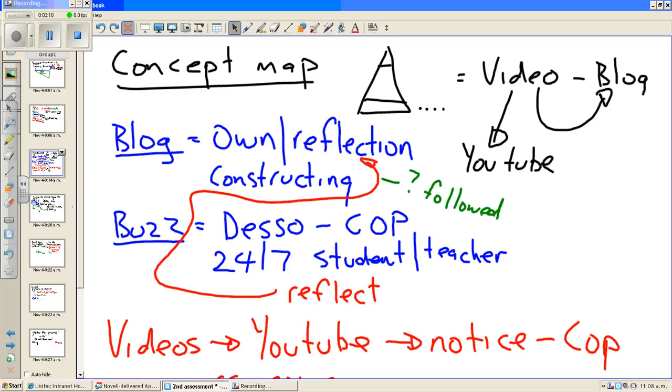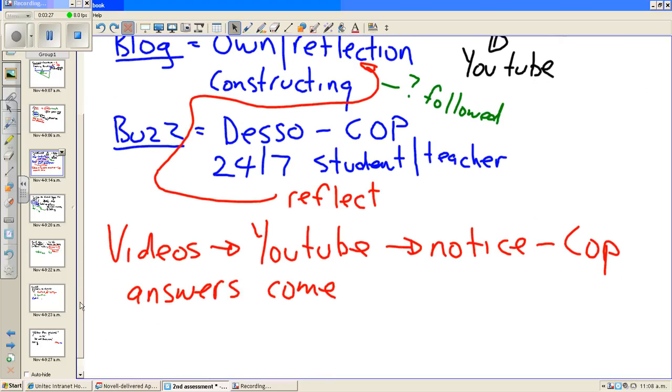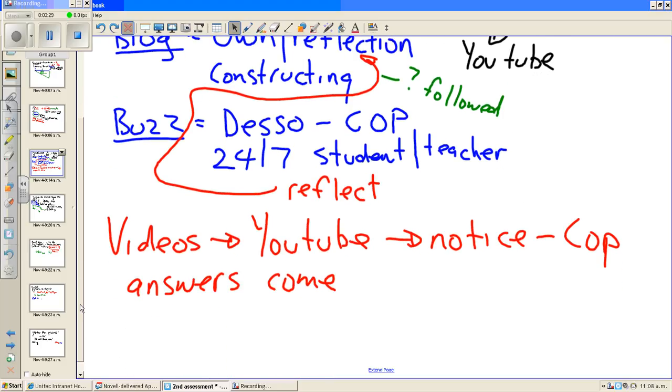So how can Dezo see when you're doing different things on your blog? Well, in blogging you can do a follow. So in following we can make sure that he can see what I'm reflecting and I can actually see what he's doing. We're looking here at videos, YouTube, and in YouTube you can get a notice that you've posted some stuff. So this helps build a community of practice, and the answers come.